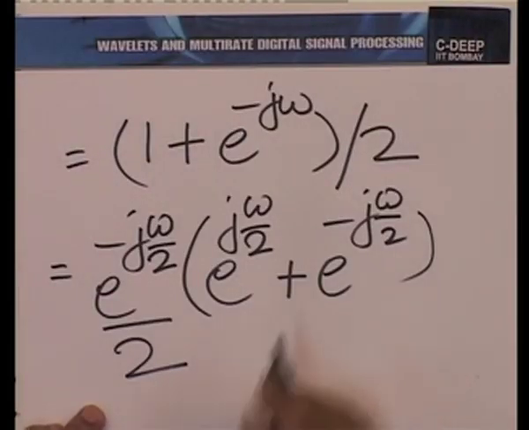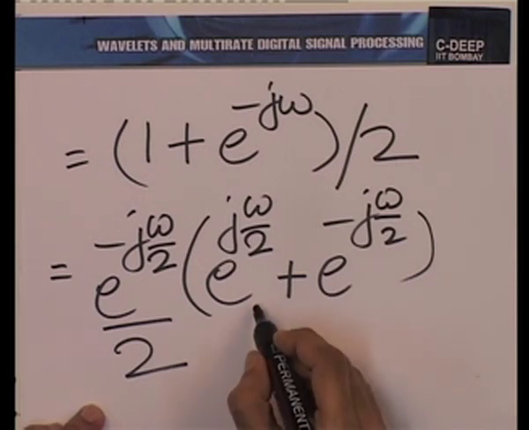We can take e raised to the power minus j omega by 2 common, and put e raised to the power j omega by 2 plus e raised to the power minus j omega by 2 inside the bracket, and leave the half factor as it is.